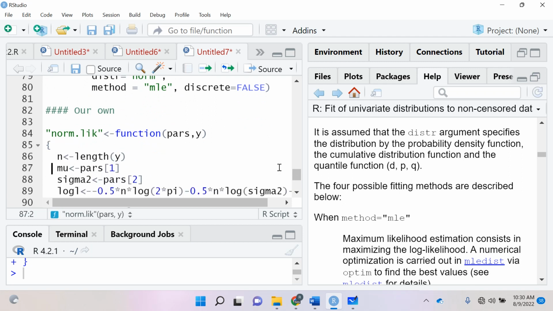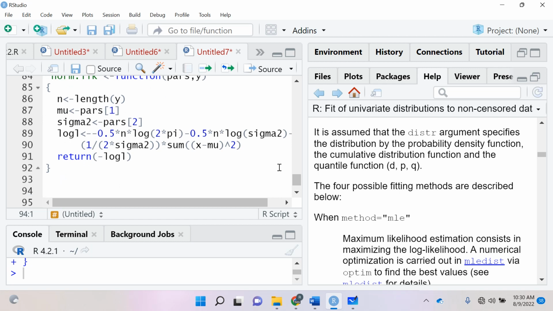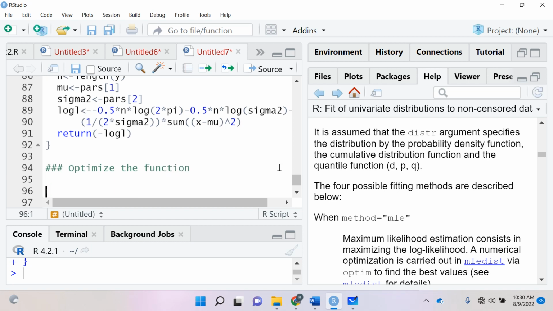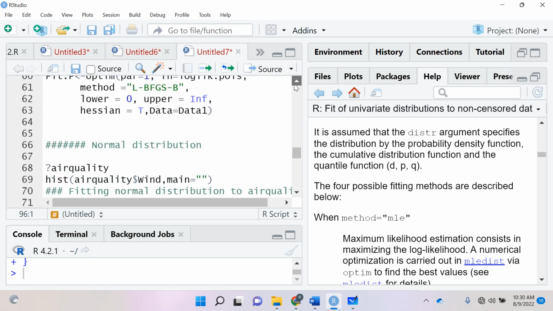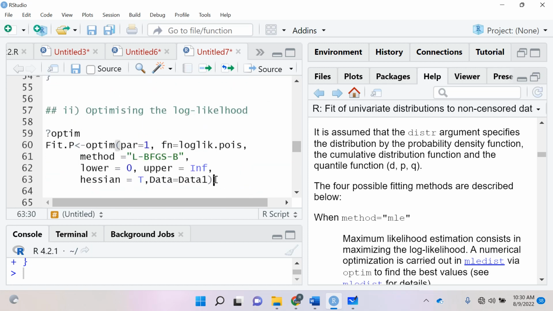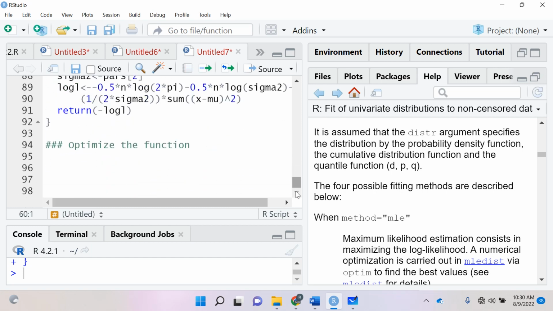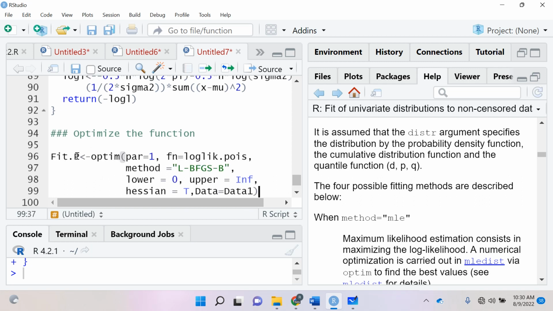So now what we want to do is optimize it. So how do we optimize the function? We can go and copy what is up here, and take in what we will need. Okay, so optimize the function. So fit norm.